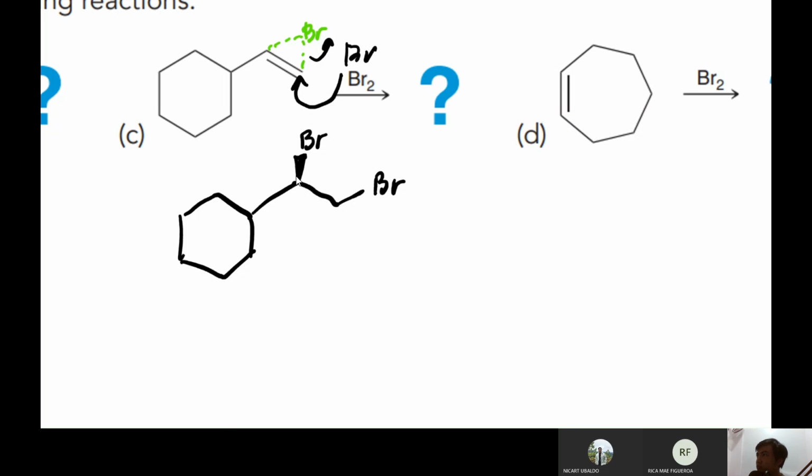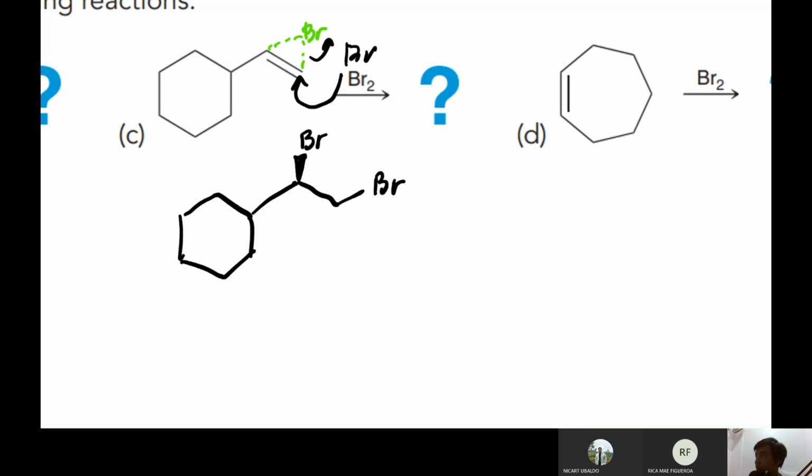Hindi mo na ipapakita to as wedge or dash, kasi this carbon is not a stereo center. May dalawang hydrogen dyan, eh. However, this one, ito ay stereo center. Bakit? May hydrogen, may Br, may group na to, and may group na ito. Magkakaiba yung group na yan. So ganun lang.